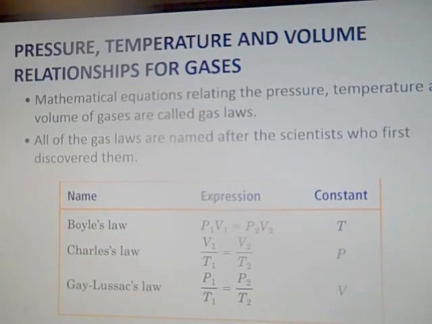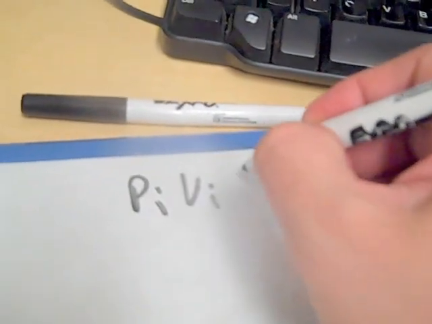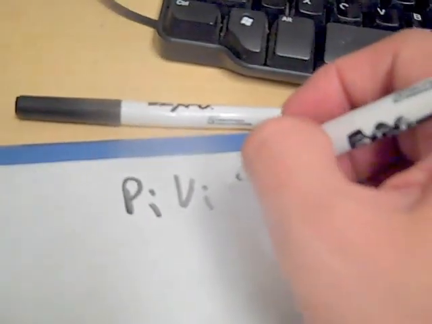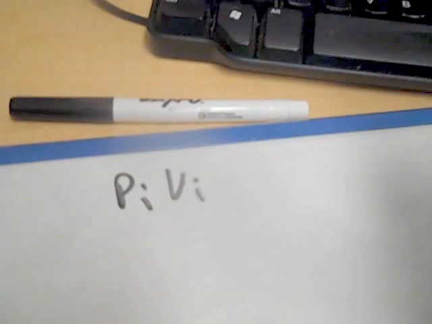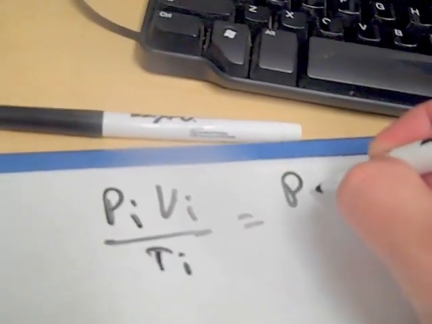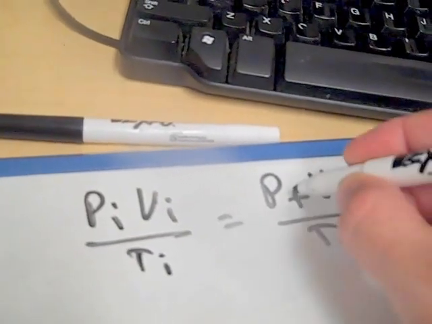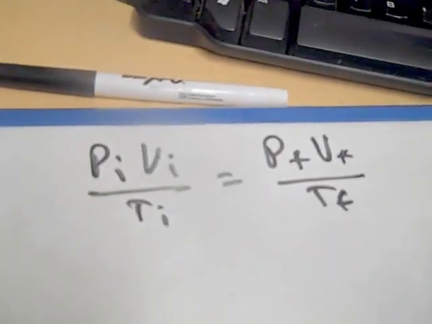So for instance, suppose you're asked PV over T, P sub F V sub F over T sub F, like that.